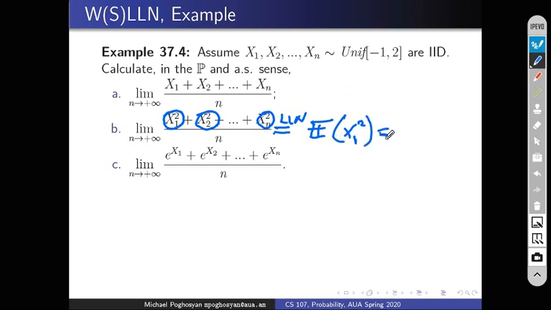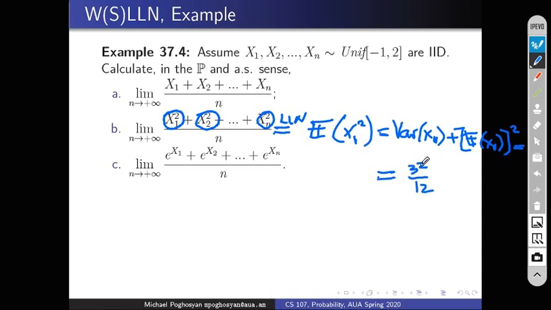How to calculate the expected value of x1 squared? Well, two methods: either integrate x squared times the PDF, or write the variance of x1 plus the expected value of x1, squared, because we know the variance of this random variable. The variance of x1 is the variance of a uniform minus 1, 2 random variable: (b minus a) squared, so 3 squared over 12.